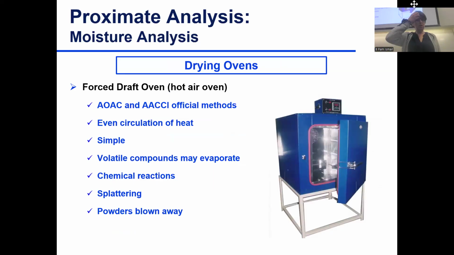All right, so now we're going to talk about drying ovens, which you've seen today in the lab. Forced draft oven, this method is AOAC approved, AACCI approved for many different foods. So you saw the oven, you put your sample and we have circulating air.